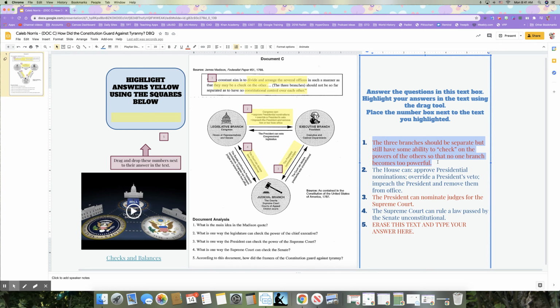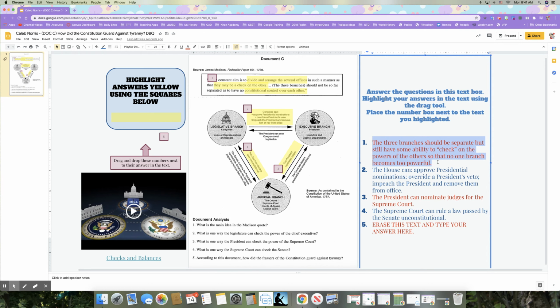Okay, so we want them to be separate, but we want them to still have some amount of power over the others, as we said in number 1, so that no one branch becomes too powerful. And that is how the framers used checks and balances in the Constitution as a way to guard against tyranny.